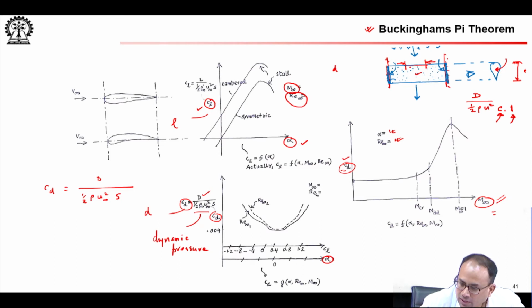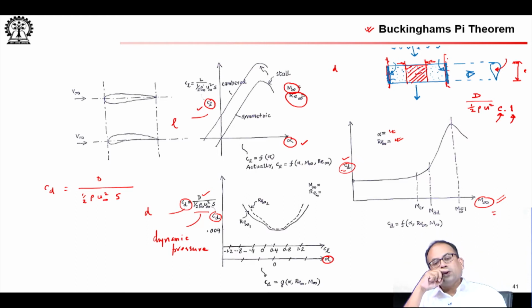Essentially you are using this portion as the planform area. So, for an airfoil or an infinite wing, the reference area is chord into unit span, whereas for the finite wing you take the entire planform area.